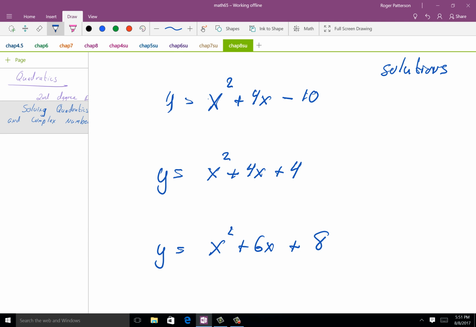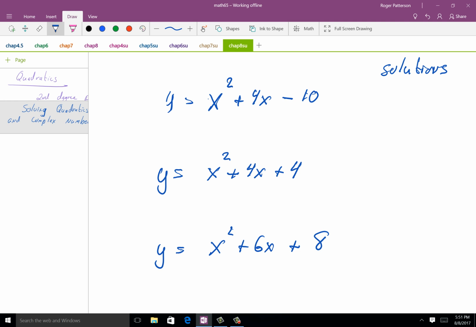Okay, so the first one I'm typing in now. There's our first one right there: y equals x squared plus 4x minus 10.